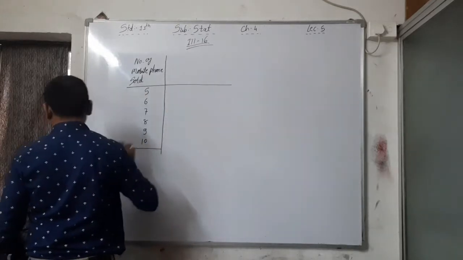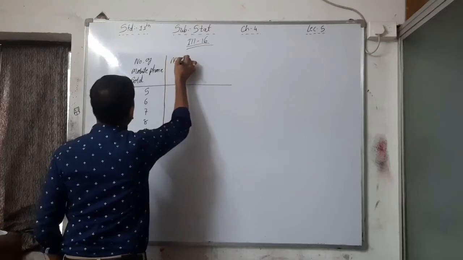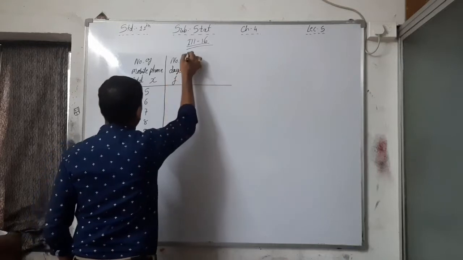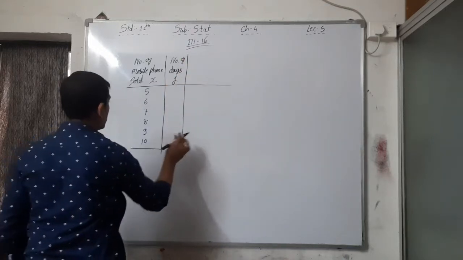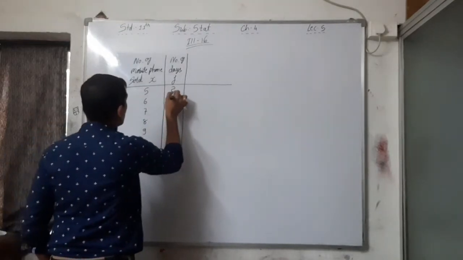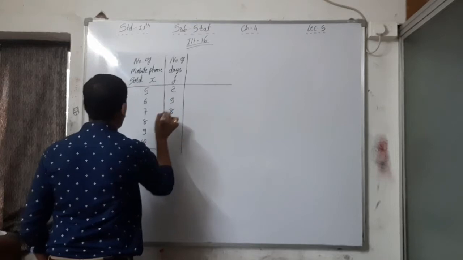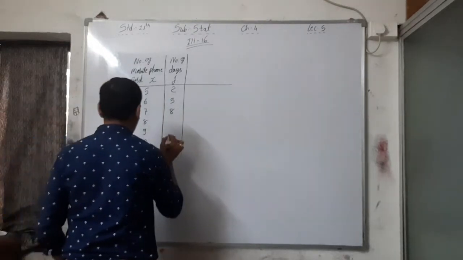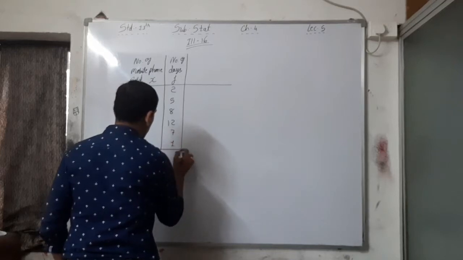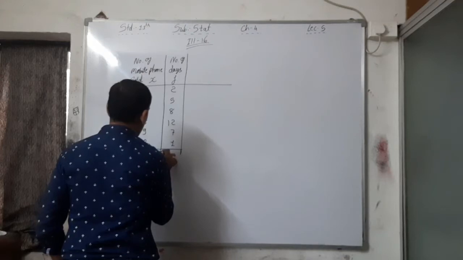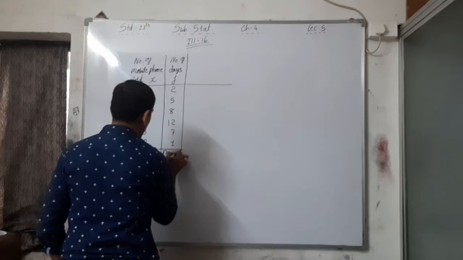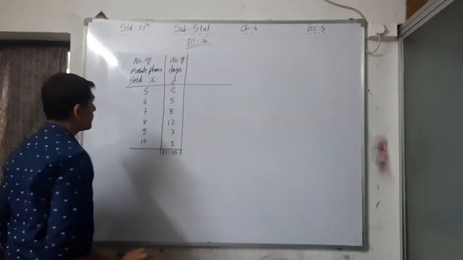Then number of days. See, this is your X, this is your F. Frequency is given: 2, 5, 8, 12, 7, 1. See here your n, that is sigma f, is equal to 35, right?